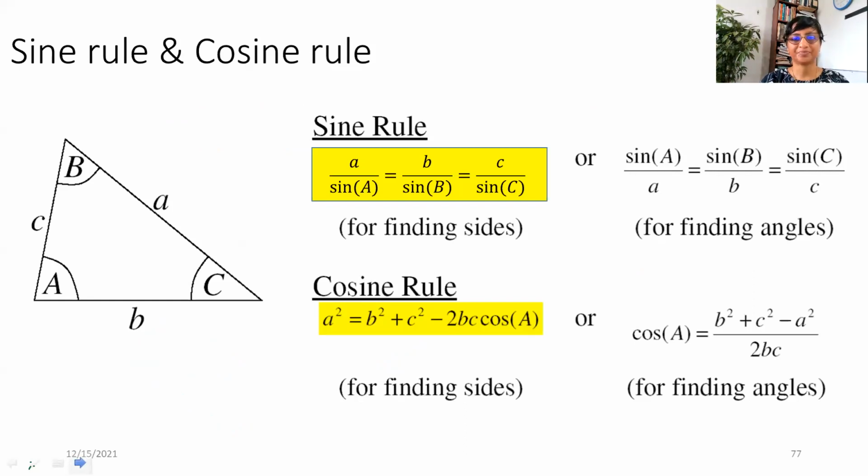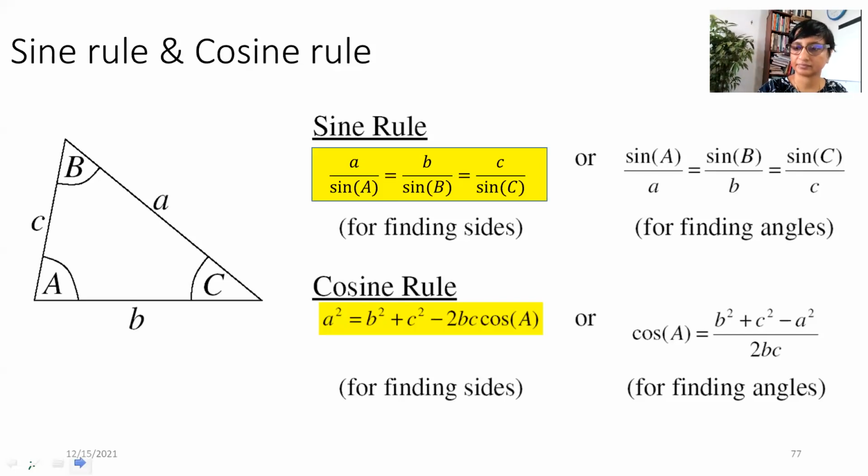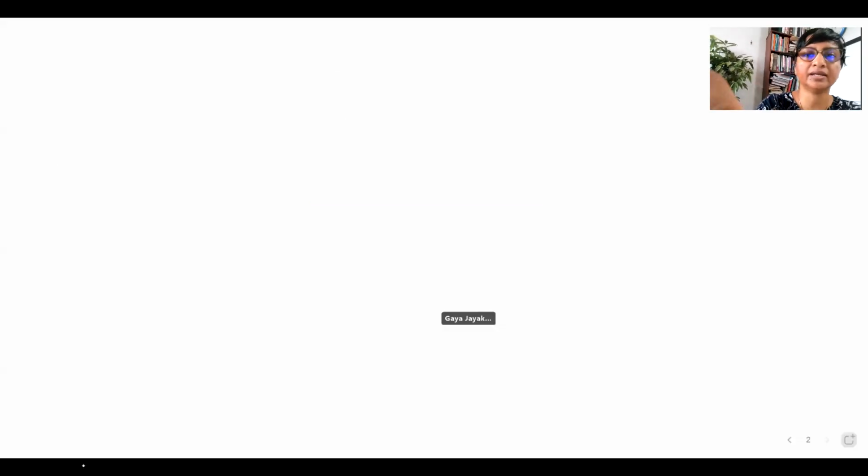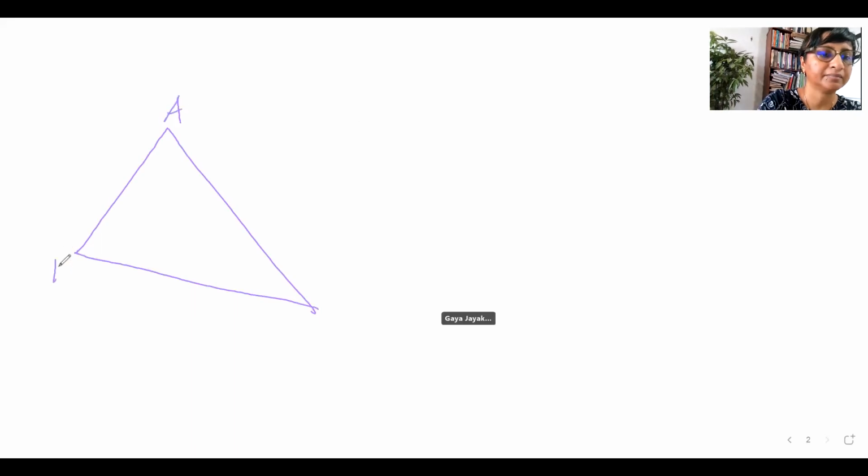Sine rule, very easy. What it says is that if you take any triangle, I'll call it A, B, C. Then you know that the sides will be called small a, small b, small c.